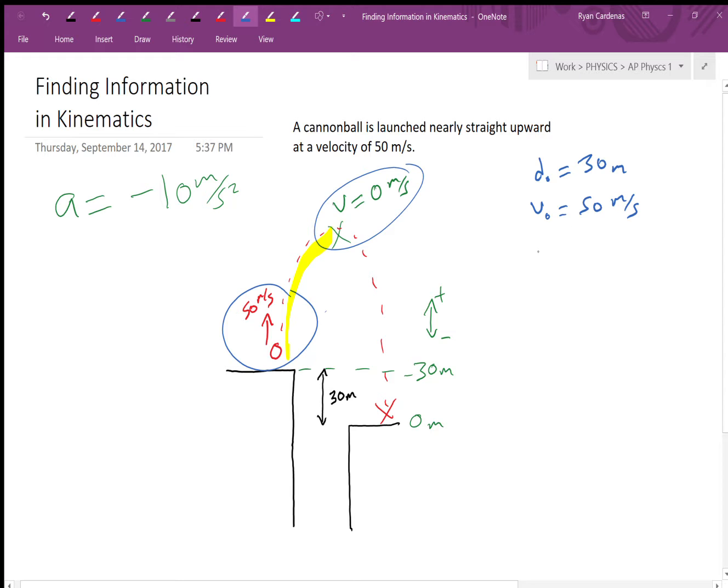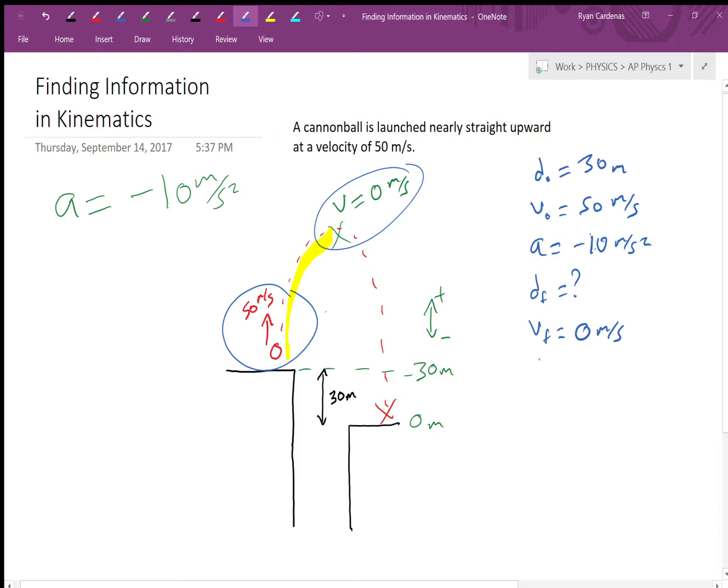I know acceleration is negative 10 meters per second squared. I don't know D final, but I know what V final is, because V final is at the top of the trajectory here. So V final at the top of the trajectory, that's 0.